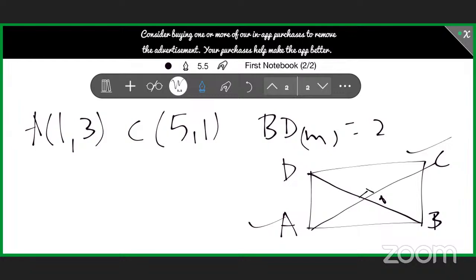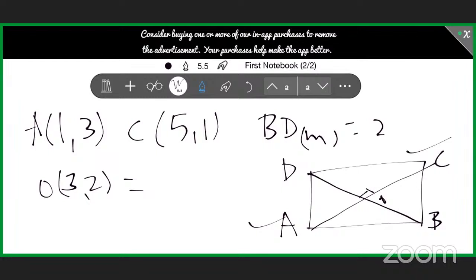By the midpoint formula, let us find its value. O will become (1+5)/2 = 3, and (3+1)/2 = 2. So midpoint O is equal to (3, 2).